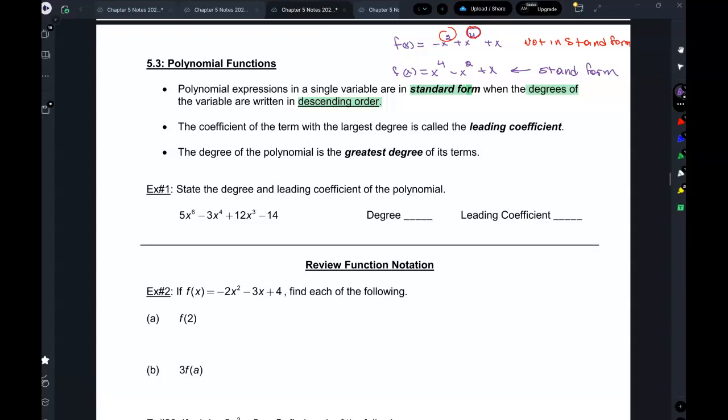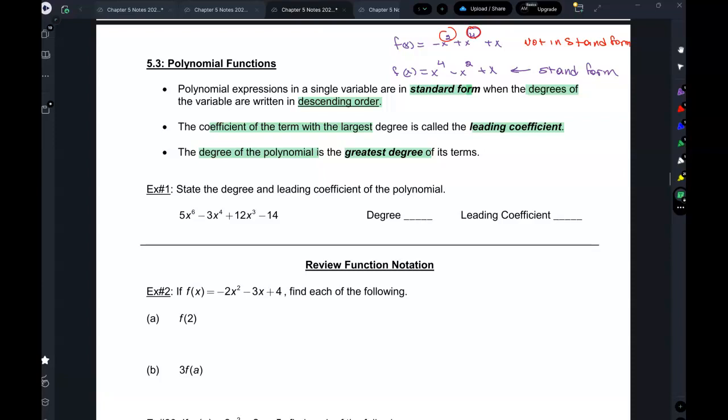So the coefficient of the term with the largest degree is called the leading coefficient. The degree of the polynomial is the greatest degree of its terms. Take a look at this one. First of all, is this in standard form?